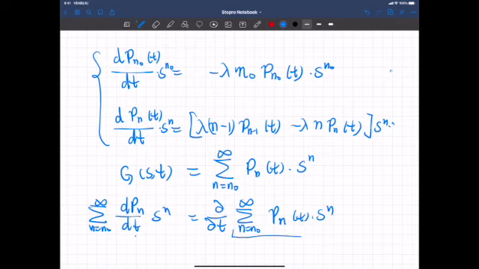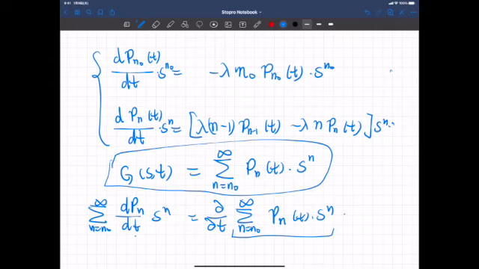But this is the very definition of this generating function. So what we have here is the derivative of g, the PGF, with respect to time. So that's the left hand side.